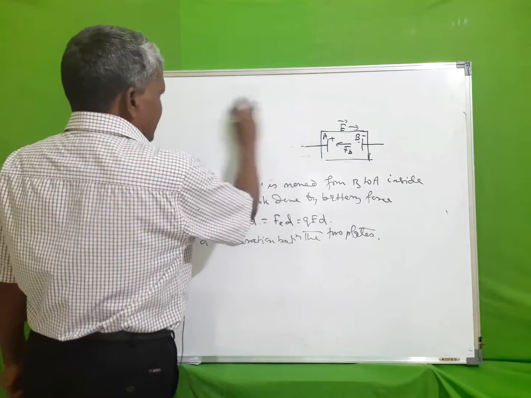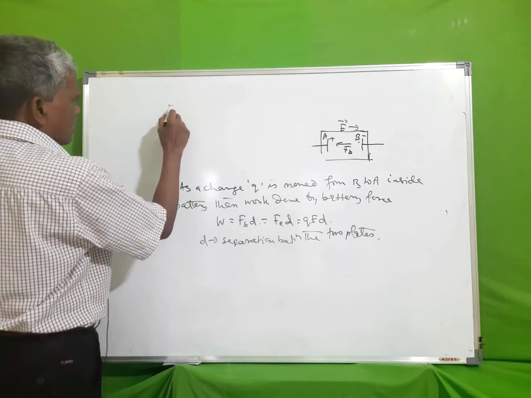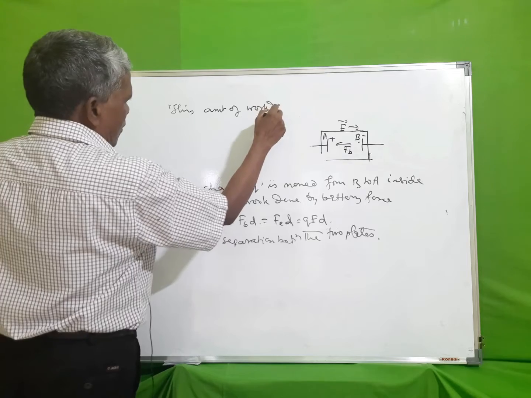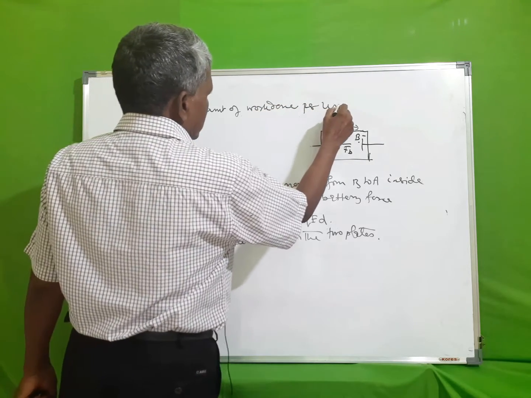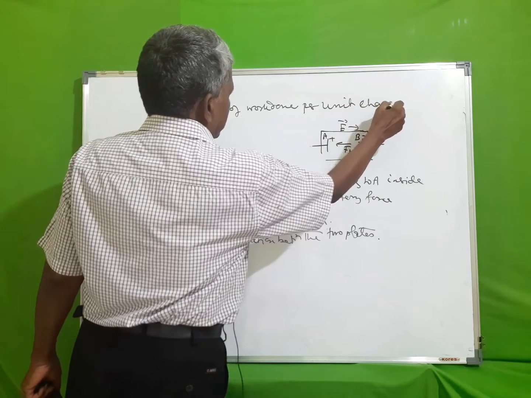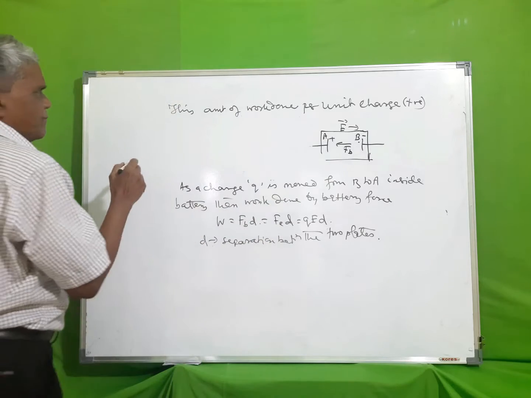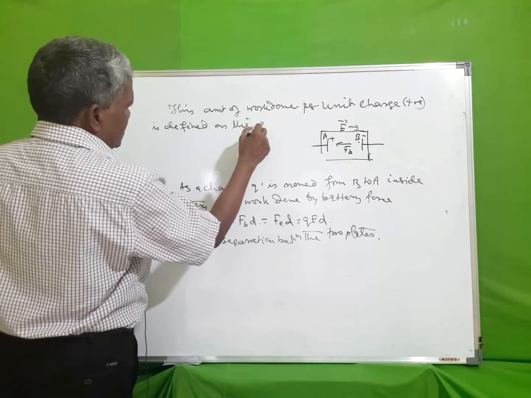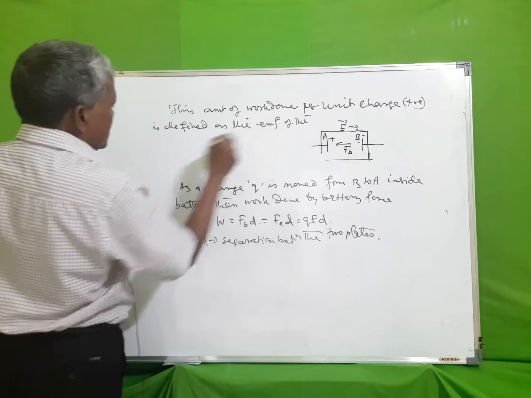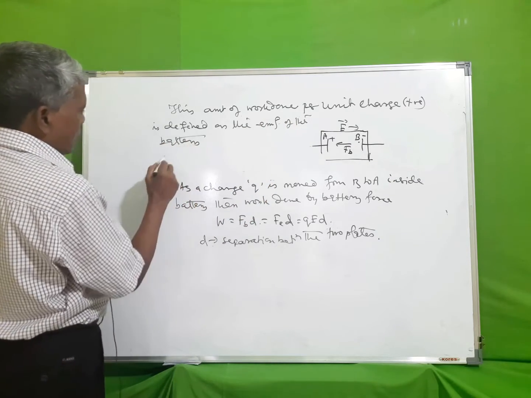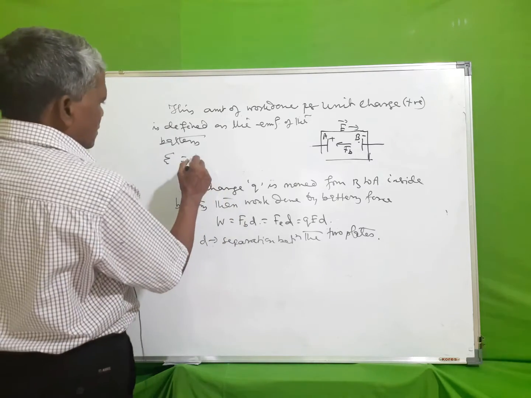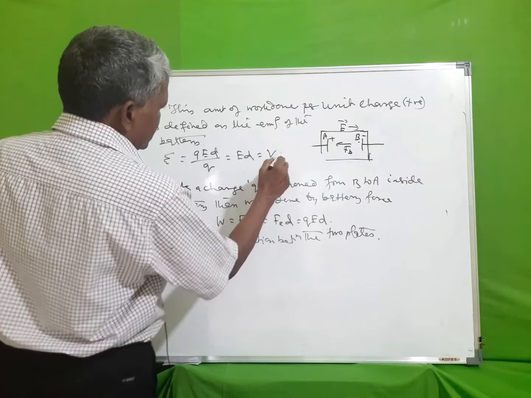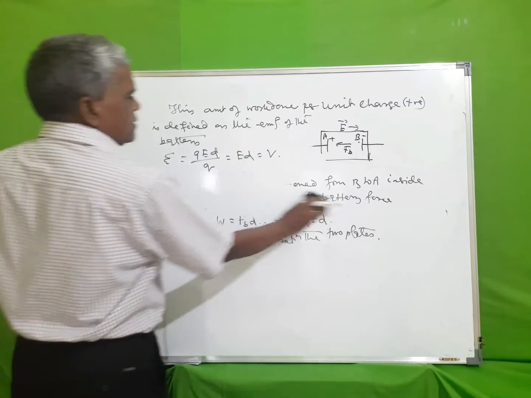This amount of work done per unit charge in a positive charge is defined as the EMF of the battery, or E is equal to QEd by Q, that is Ed, which is V, the potential difference between the two terminals.